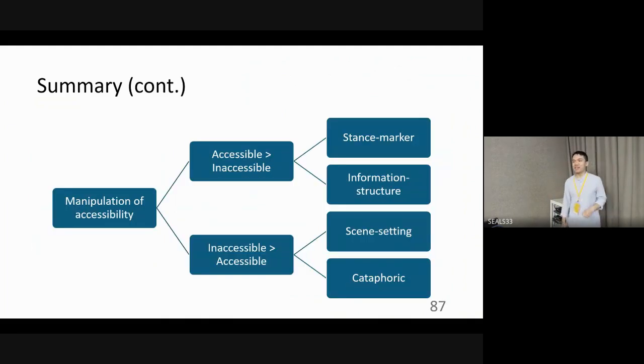And the last part that we saw is that accessibility can be manipulated. When something accessible is manipulated into inaccessible, we see stance markers or information structure markers arise. When something inaccessible is marked as accessible, we see scene setting or cataphoric usages.